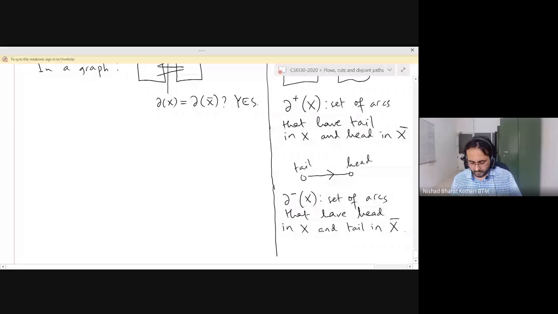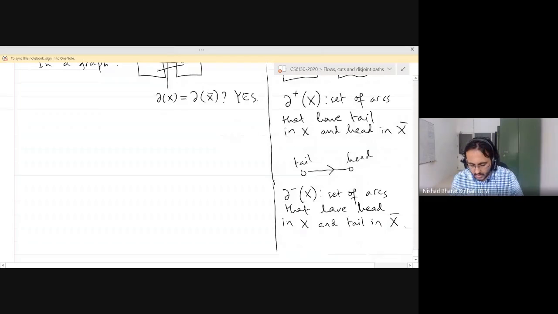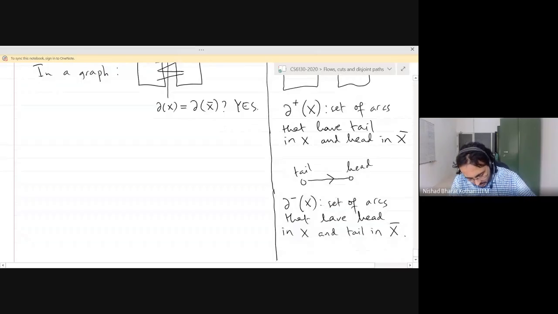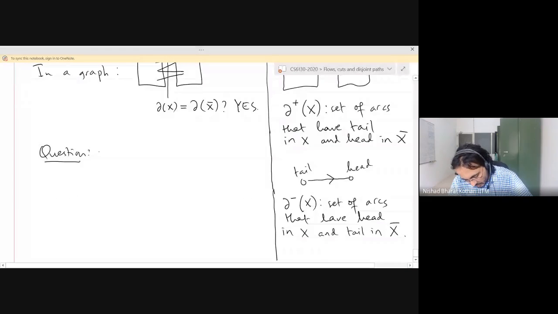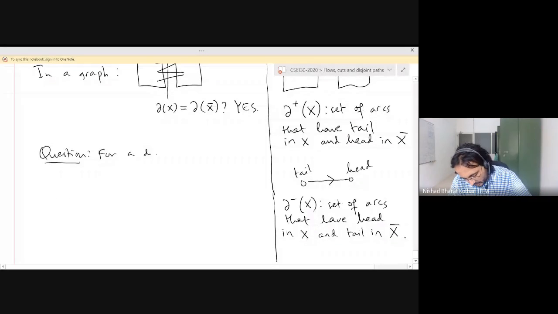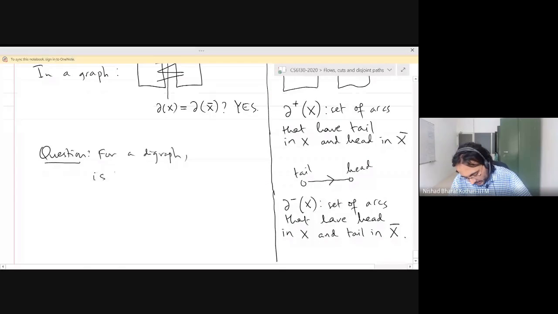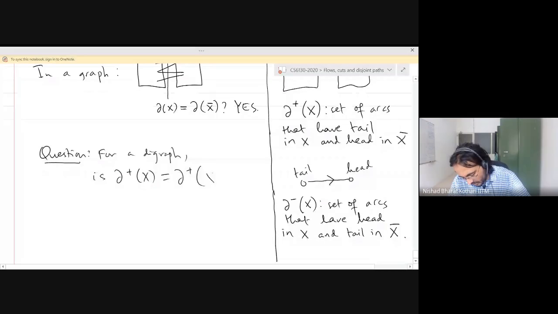Okay. Good. So now let's ask a question. For a digraph, is partial plus of x the same as partial plus of x bar?